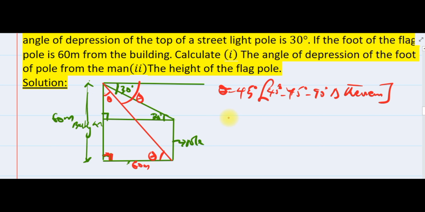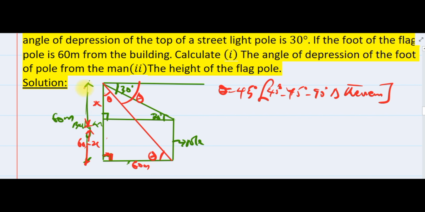So finally, we are asked to find the height of the pole. Assuming here is x, then here should be 60 minus x, from here to here.